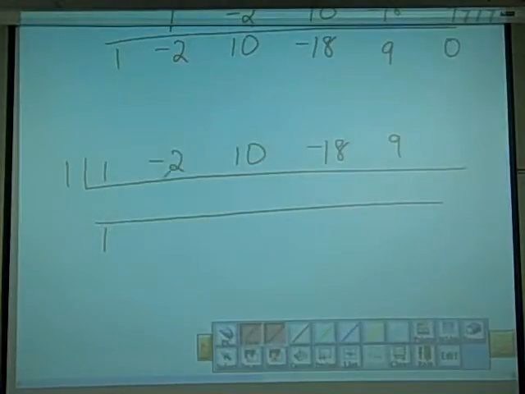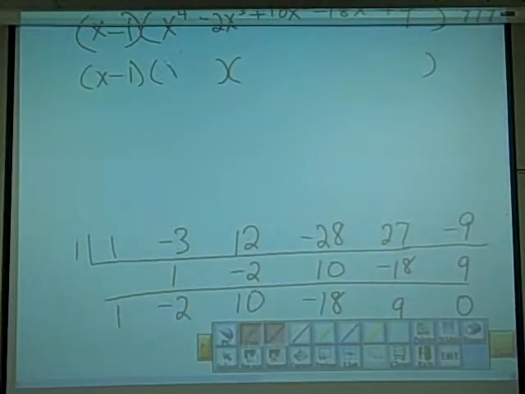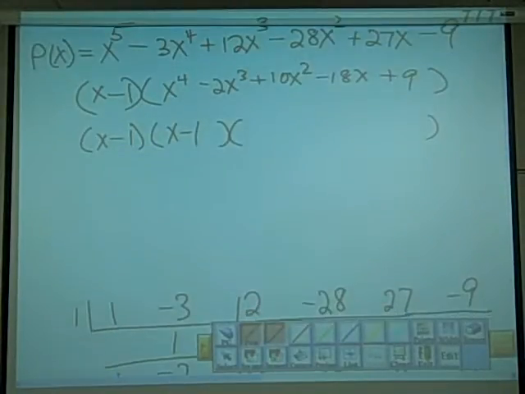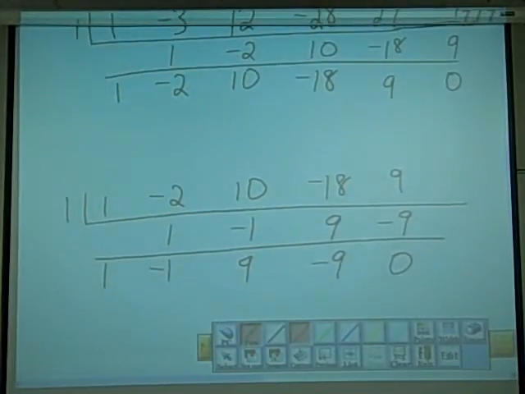You drop the 1 down, okay, and then we're going to bring the 1 up, and we get a negative 1. And we get a negative 1 here, 9, 9 up here, negative 9, negative 9, 0. So sure enough, 1 is a factor again. Okay, so we got x minus 1, and that leaves us with, since we started this time with x to the 4th, 1x cubed, right?